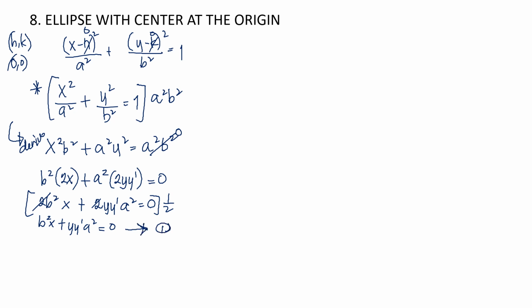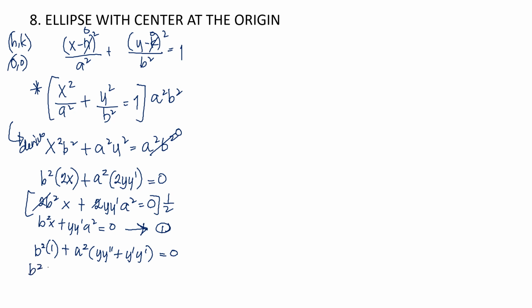So after differentiating once, we can now differentiate for our second differentiation. So b squared is constant. So x is 1, plus a squared is constant, and y and y prime is product rule. So y double prime plus y prime is equals to 0.